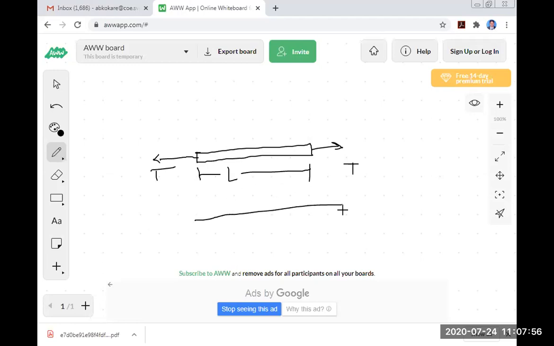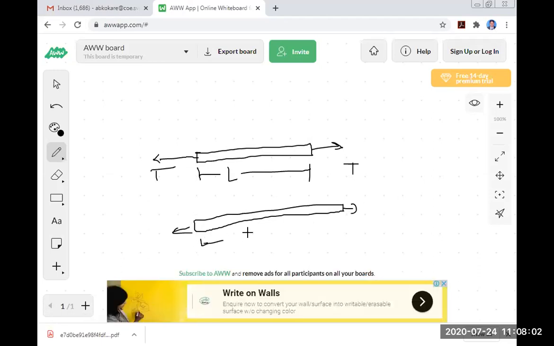It will increase due to the applied force, and this is the change in length. This force is the axial tension. Axial means this is the plate and we are applying the force from two ends axially.